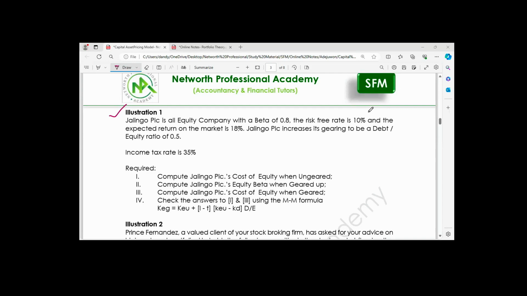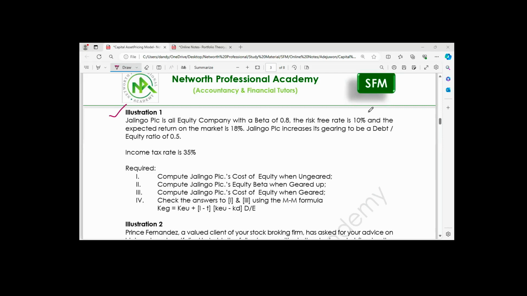If not because of the constraint that we have, ordinarily I would have thrown this question to all of you to solve. But because we are behind our schedule, I wouldn't want to waste time. Now, in requirement 1, the examiner is asking you to calculate Jalingo PLC's cost of equity when ungeared.